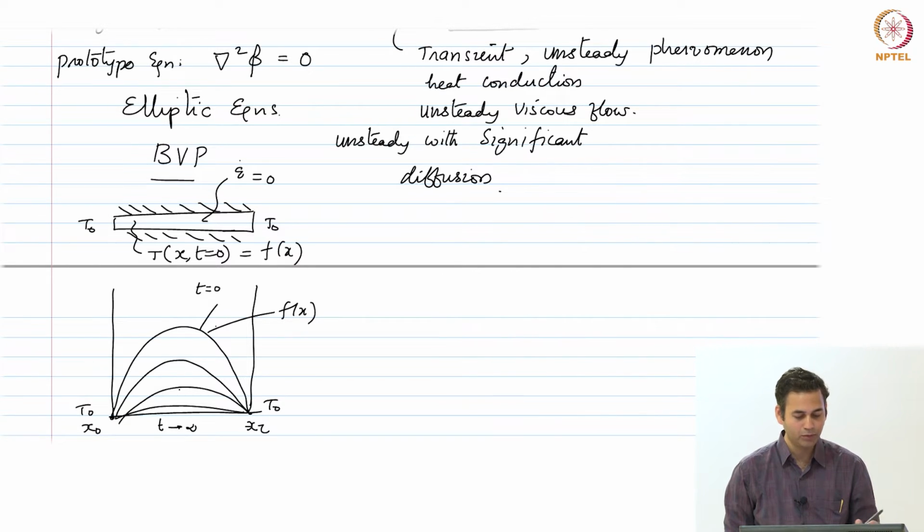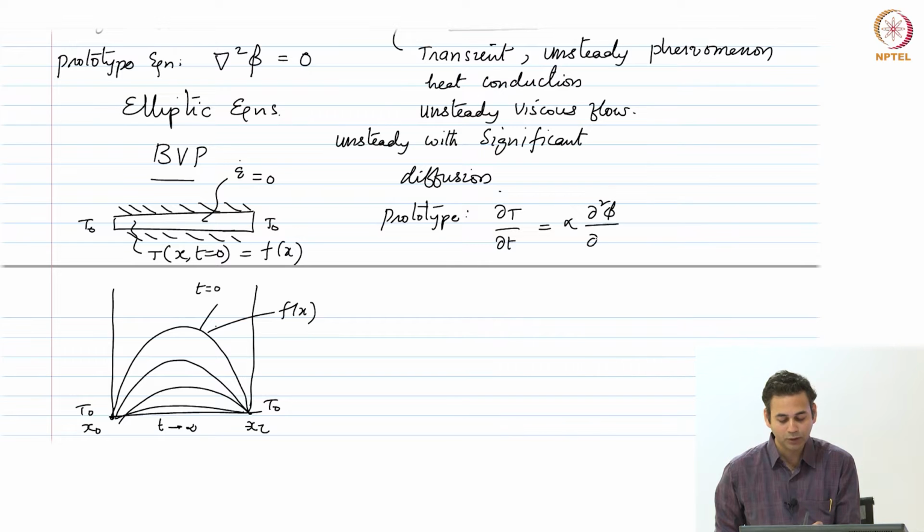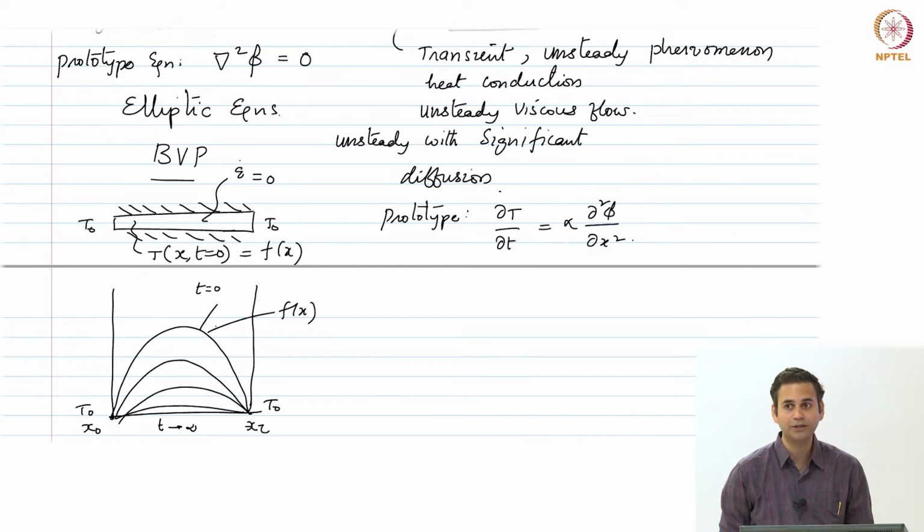Now a prototype equation for these problems could be the unsteady 1D heat conduction, that is partial T by partial time equals alpha dou square phi by dou x square, okay. So that is a prototype equation. Now, from the equation, can you tell me what all conditions you would need to solve this problem? I have already suggested here, right?